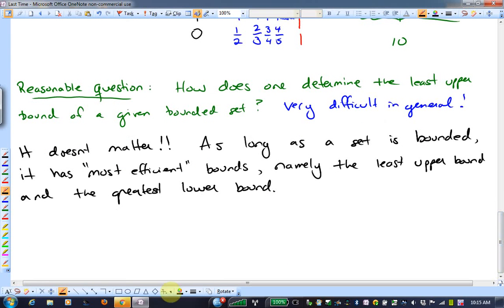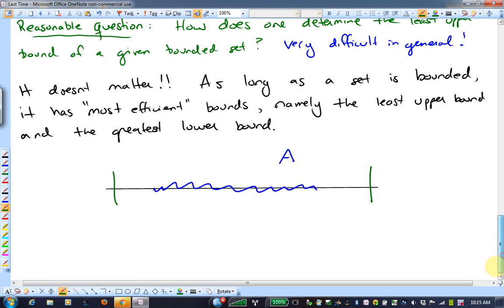Okay, so if you look at the number line here and you tell me, okay, here's this set, call that set A or something, right? And you say, okay, I know that there's an upper bound up here, there's a lower bound here, because I know A is trapped in some interval. Let's say minus m to m. That's m.